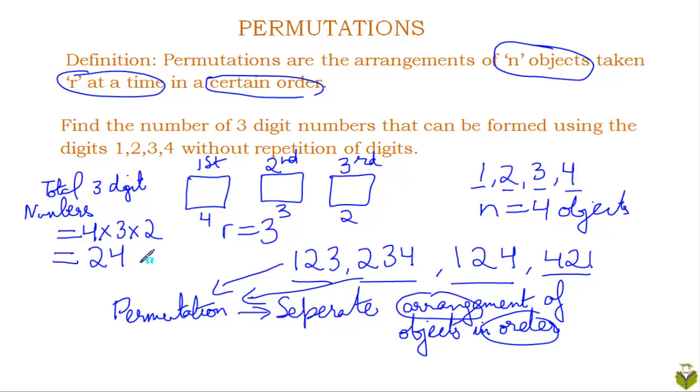So you have 24 different permutations. So to understand permutations further in detail, we'll have to explain the different cases that arise in permutation.